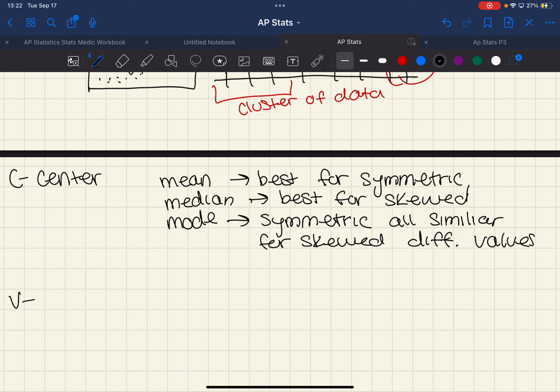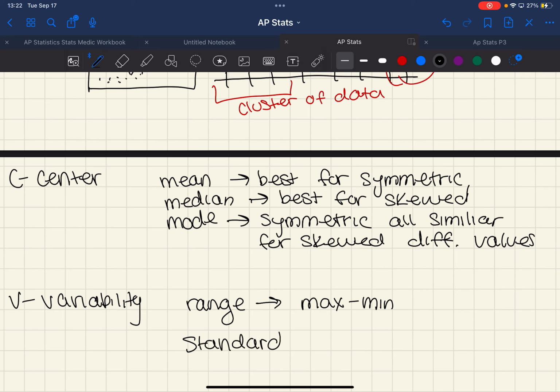Okay, and then we have V for variability. And there are three ways to find variability. We can find it from the range, and the range, remember, is maximum minus minimum. We can find it from standard deviation.